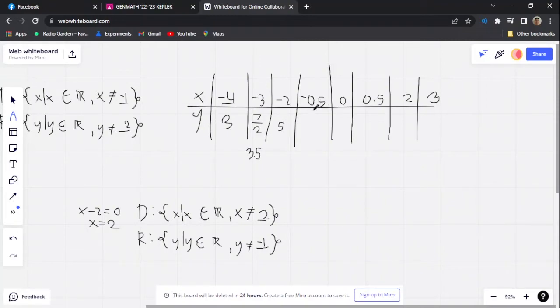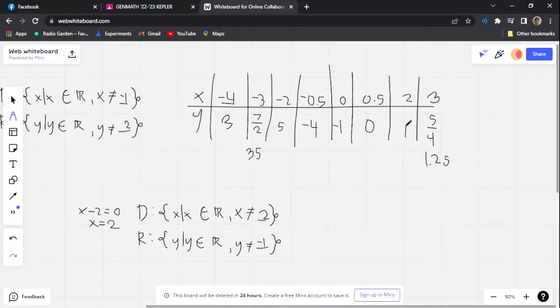Next is negative 0.5, so we would have negative 4. I already solved these, but you can solve them one by one by substituting the x into the given function. So for 0 we have negative 1, for 0.5 we have 0, then 2 gives 1, and 3 gives 5 over 4 or 1.25. So that is our table of values.